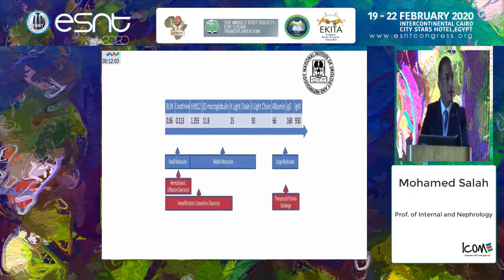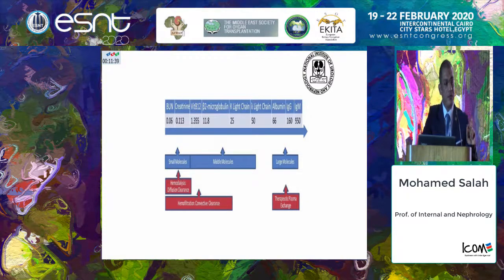Here we can see the effect of different modalities of dialysis, or how we reduce these substances from the blood in relation to the different molecular weight.